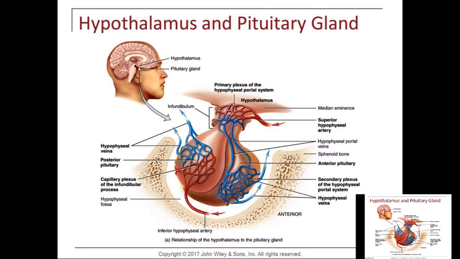If this landmark is wider, then they can only assume perhaps it's wider due to the fact that the pituitary gland is increasing in size, expanding the bone. And typically when that takes place, there's going to be some visual disturbances because the optic nerves crisscross right next to the pituitary, referred to as the optic chiasm. So usually there are some visual disturbances as a result of these pituitary tumors.